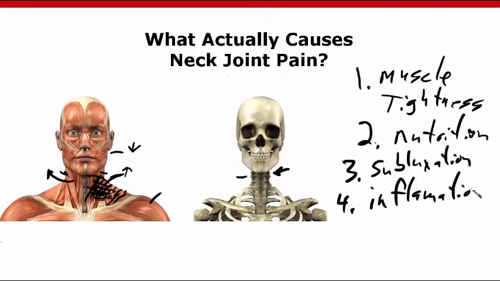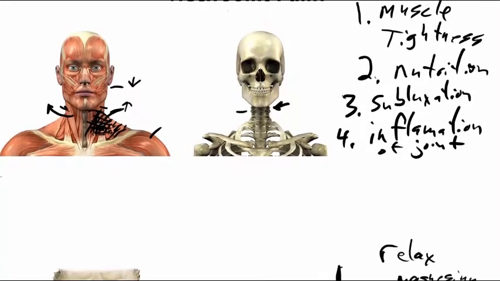Inflammation of the joint. Now, an important thing to know about inflammation is that inflammation releases chemicals which enhance your sensitivity to pain. So then you have all this chemical floating around your tissue and deep down in the tissue around the bone, and it makes you hurt more basically. But specifically on the joint itself, this is a vertebra and its joint, and this is the other vertebra and its joint.